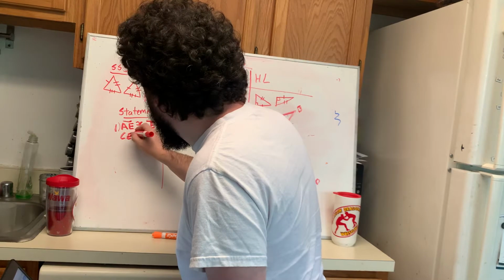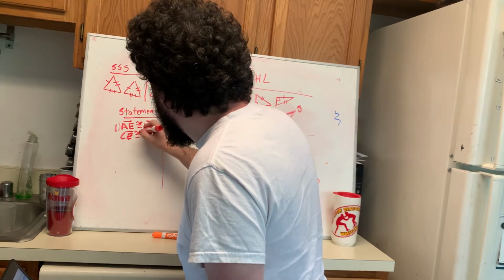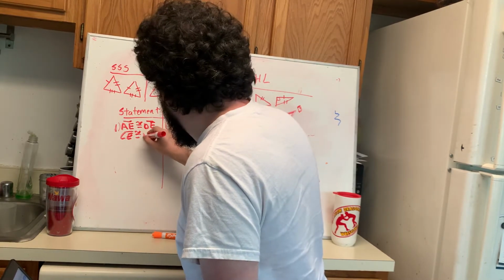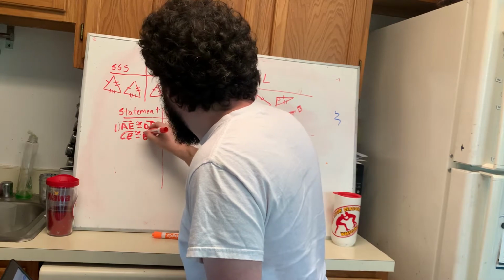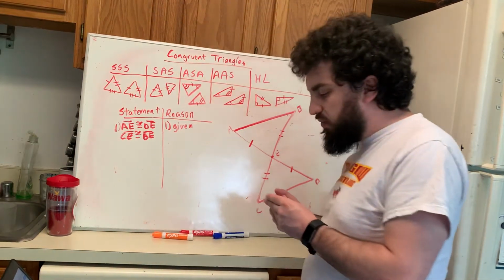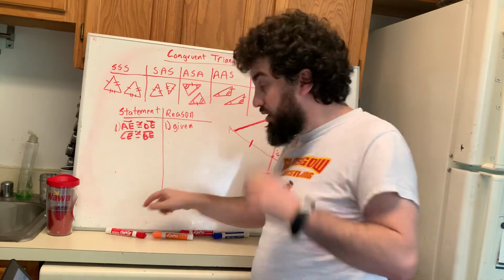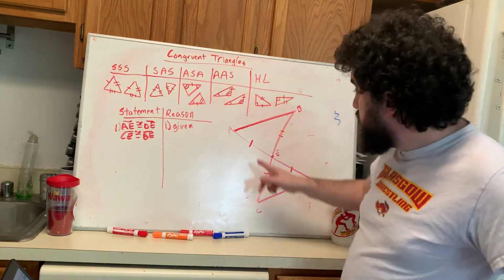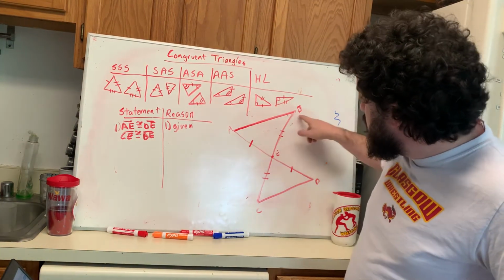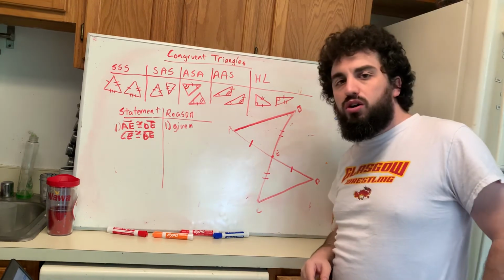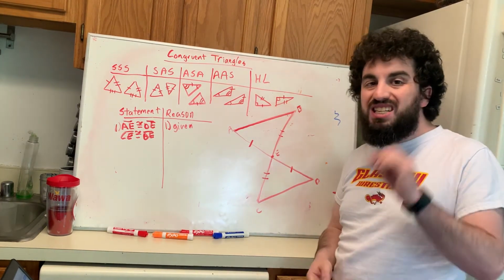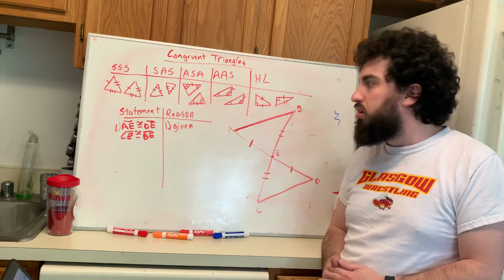CE is congruent to BE. All that is information that is given to me. Now I had 2 sides. If I could prove AB and CD are congruent, I could prove this by side, side, side.